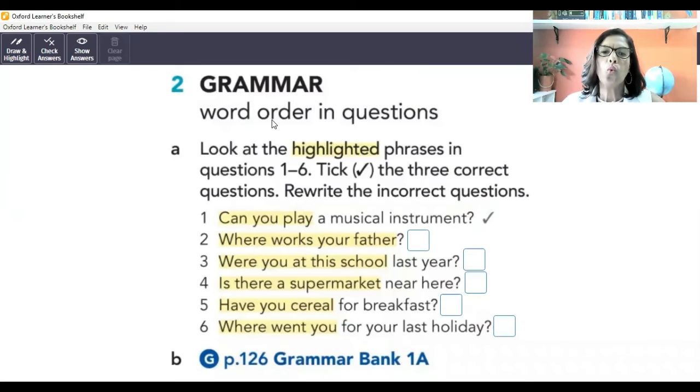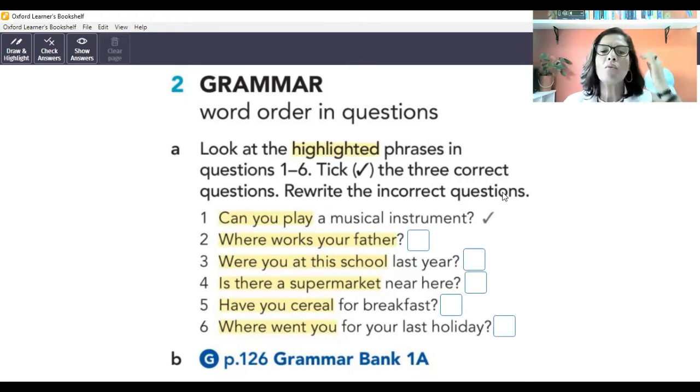Okay, word ordering questions. So look at the highlighted phrases in these questions here, 1 to 6. You're going to tick the correct questions, okay? So now you know which ones are correct, because we just saw the correct order for questions. So rewrite the incorrect ones.